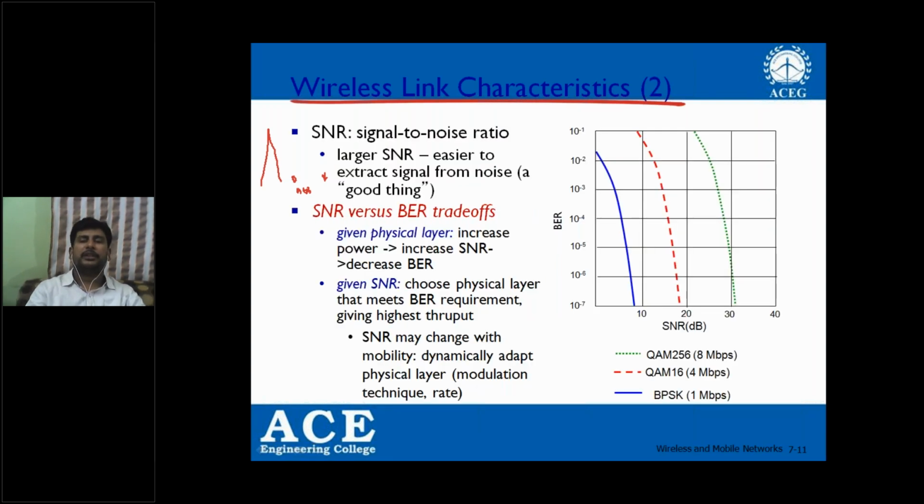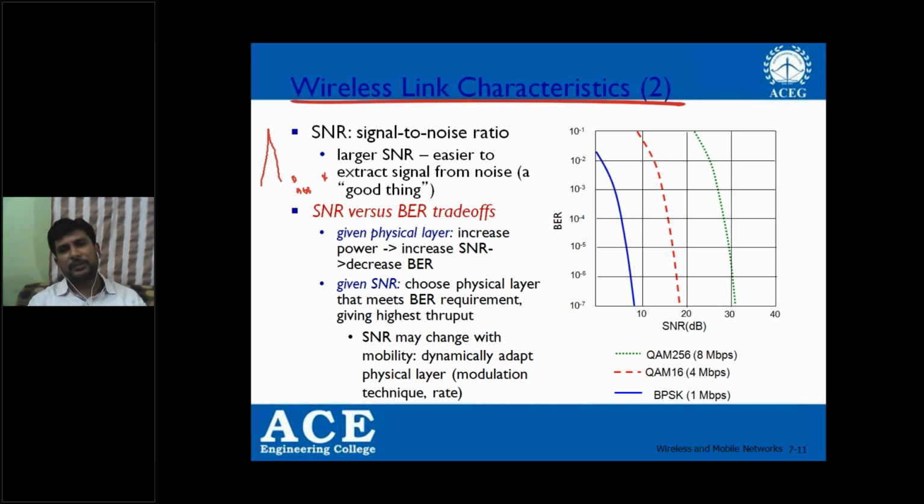The next important thing in our wireless link characteristics is called signal to noise ratio. What do we mean by signal to noise ratio? And how does it impact? In the terminology signal to noise, the numerator talks about the signal strength that a receiver has received from the base station or sender, and the noise refers to the noise that has been added to the signal during the transmission.